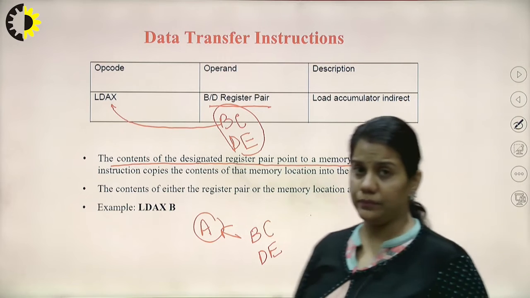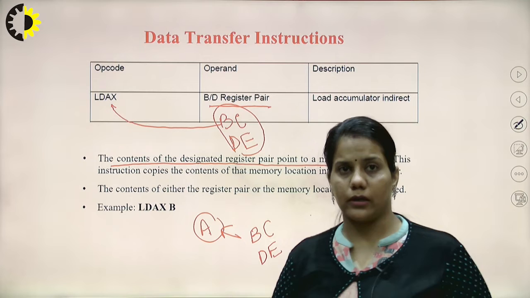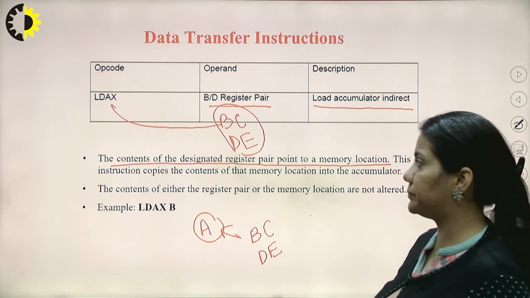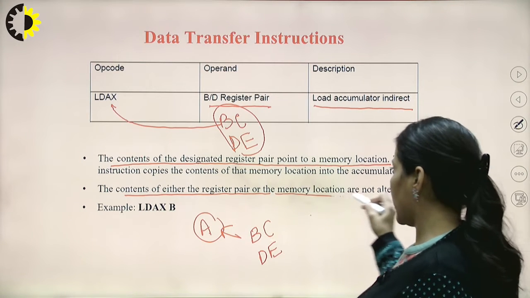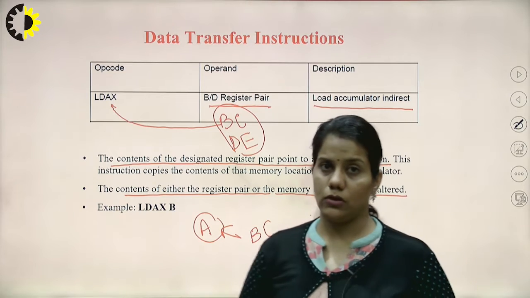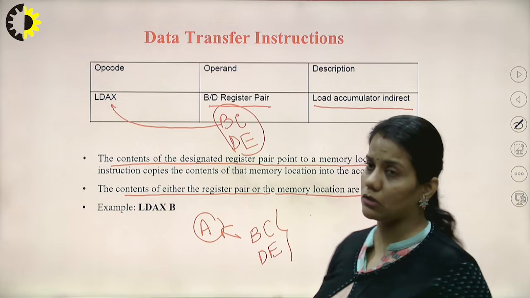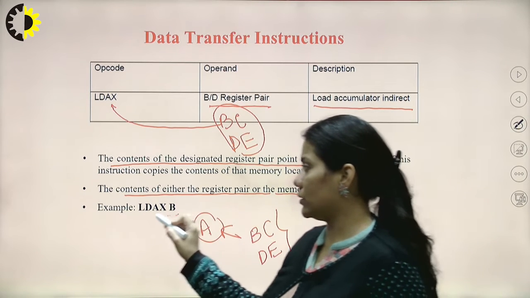So we can say that it will copy the contents to the accumulator indirectly. That's why it is called load accumulator indirect. The contents of either the register pair or the memory location are not altered. So the contents of the source, that is the BC or DE register pairs, are not altered in this instruction.